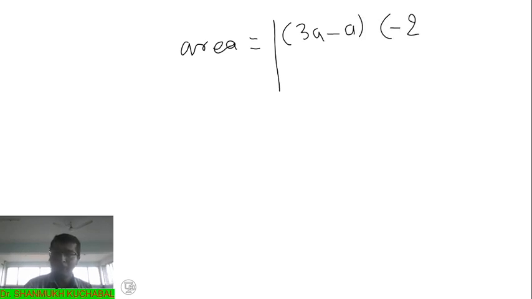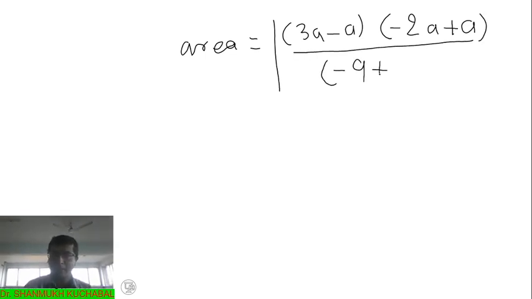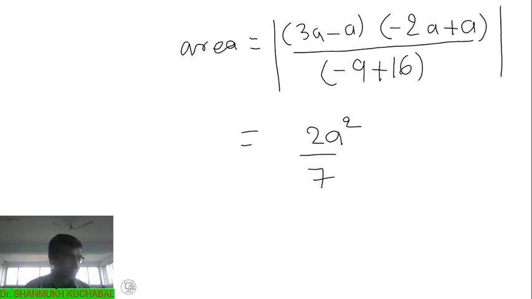Very simple. We get mod of 3a minus a, minus 2a plus a, whole divided by minus 9 plus 16, in modulus. So if we simplify, we get 2a square divided by 7 as the answer.